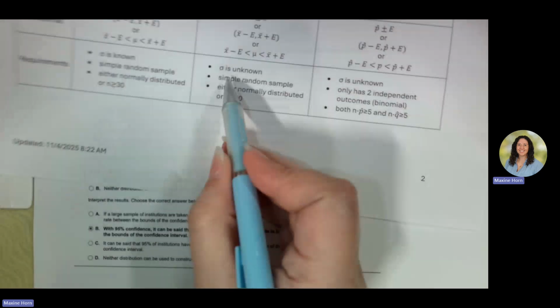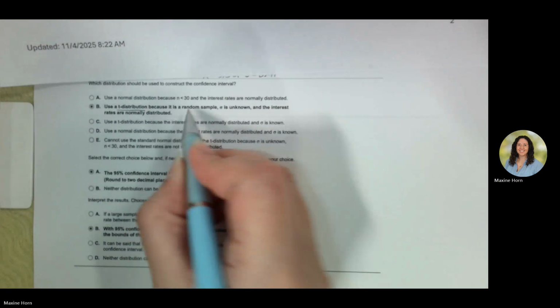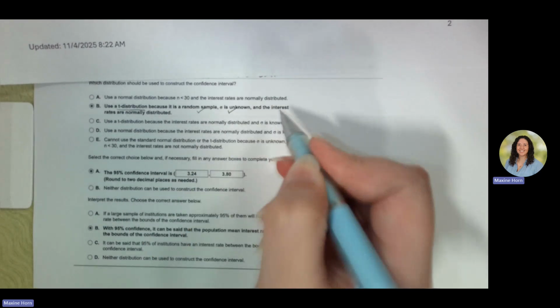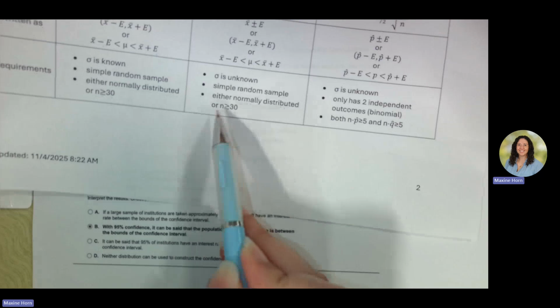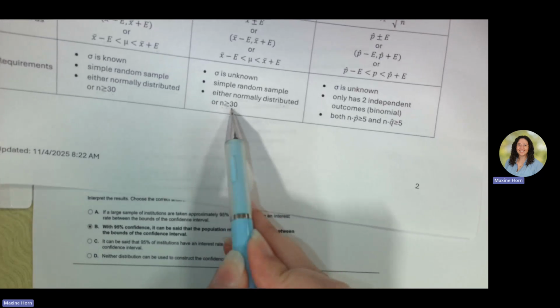So we need to use a t-distribution because it's going through the checklist here, right? Population standard deviation is unknown. It's a simple random sample. And the interest rates are normally distributed. Even though n isn't greater than or equal to 30, that's okay. We just need one or the other of these.